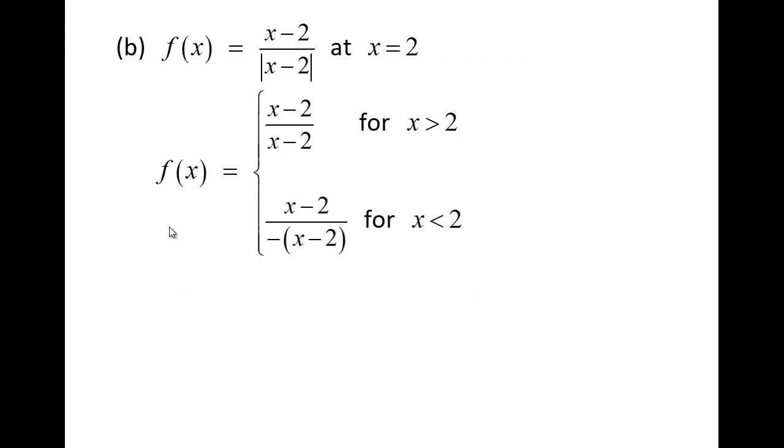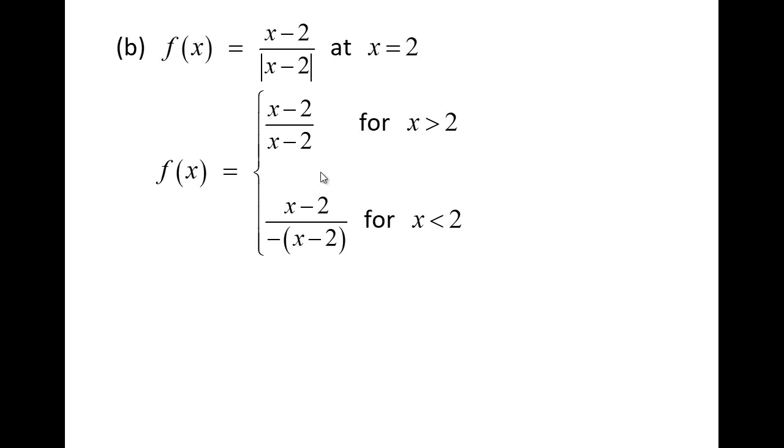On the other hand, if x is less than 2, in that case, x minus 2 would be negative. So if x minus 2 is negative, then negative x minus 2 is positive. So I can get rid of the absolute value signs by putting a negative in front of x minus 2.